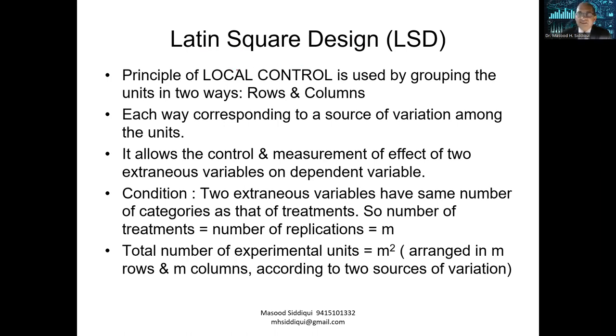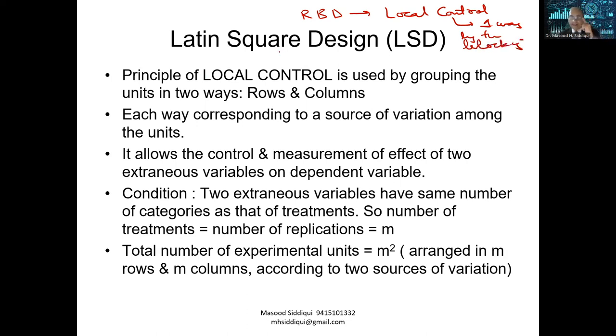As we discussed, the RBD is the first research design that uses control of error, or local control. In that case, local control is achieved in one way, by blocking.